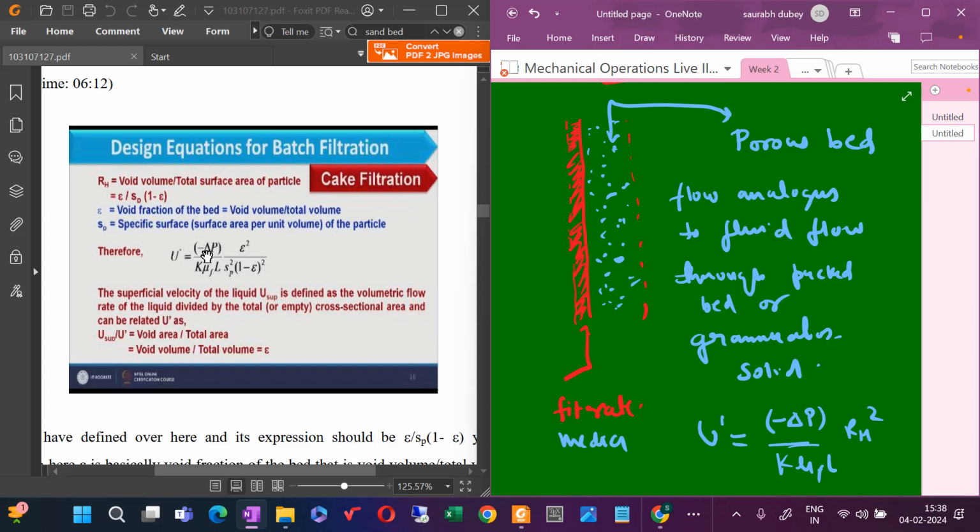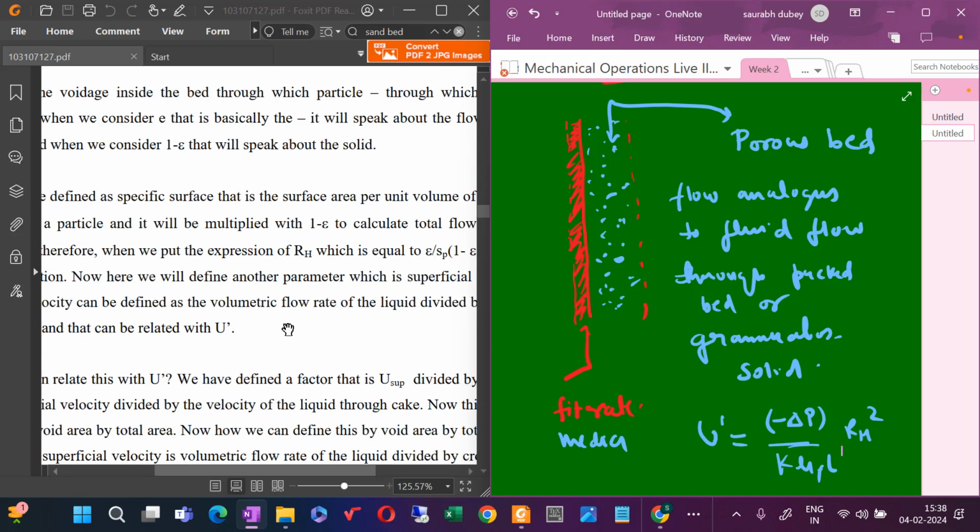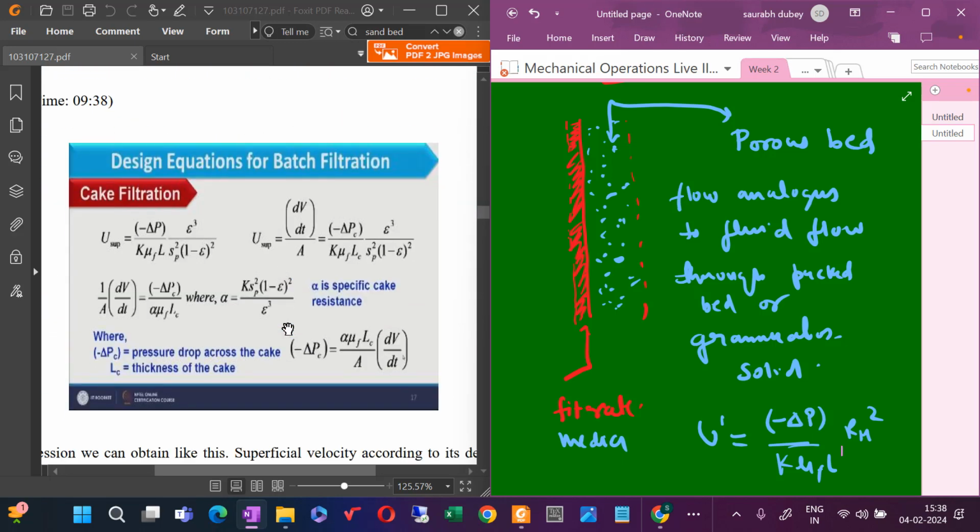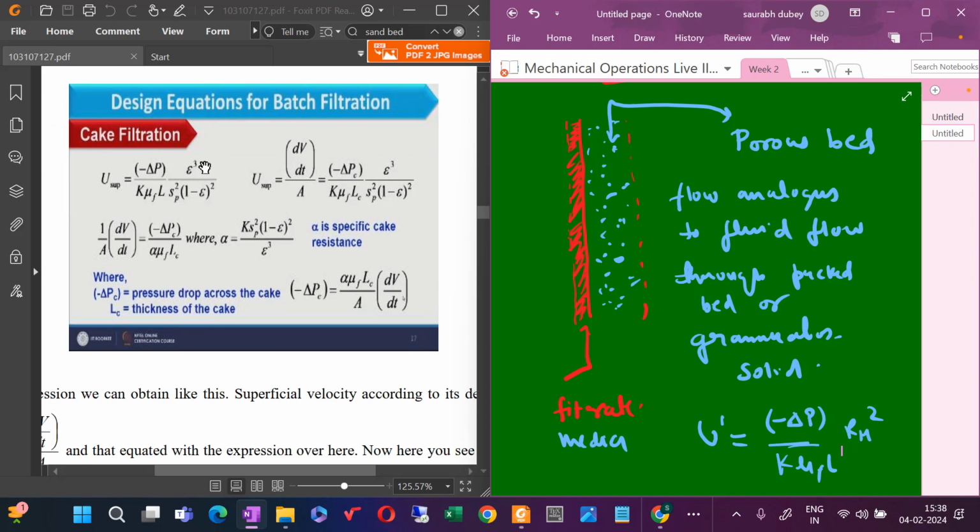And this U dash is the one that will be used in the subsequent part. So when you actually go for it, this is the superficial velocity. This superficial velocity will be defined as the rate of filtration per unit area. So this is meter cube divided by second divided by area.